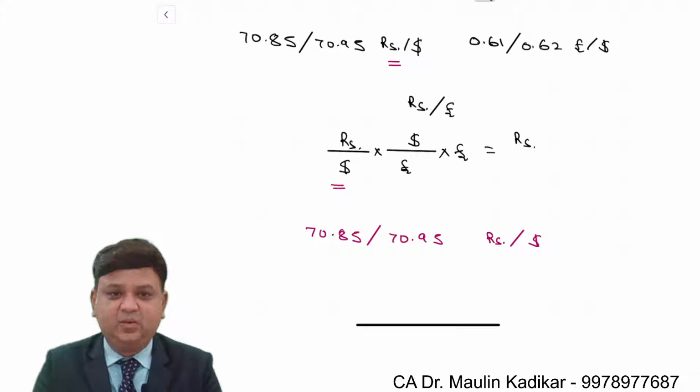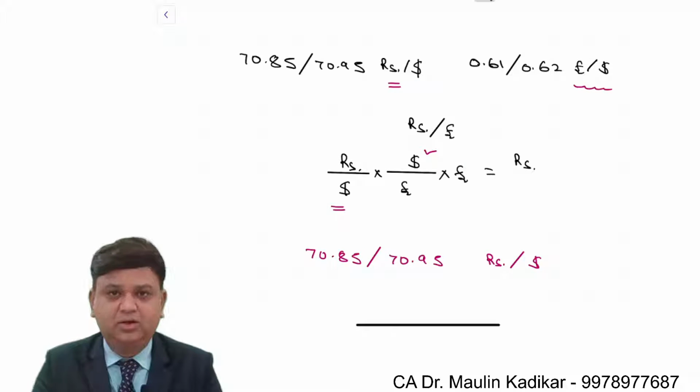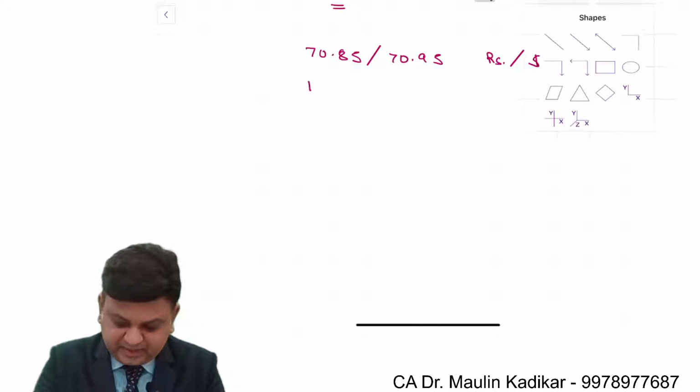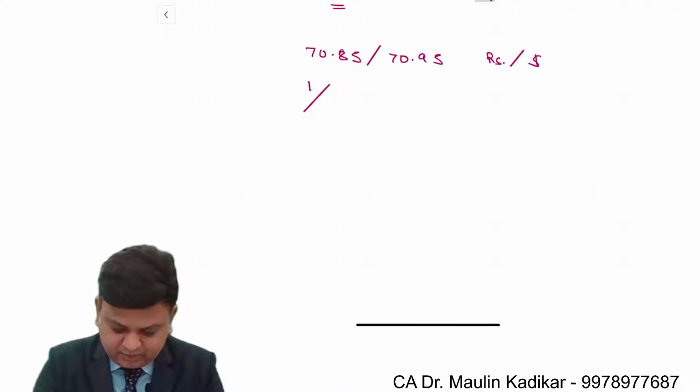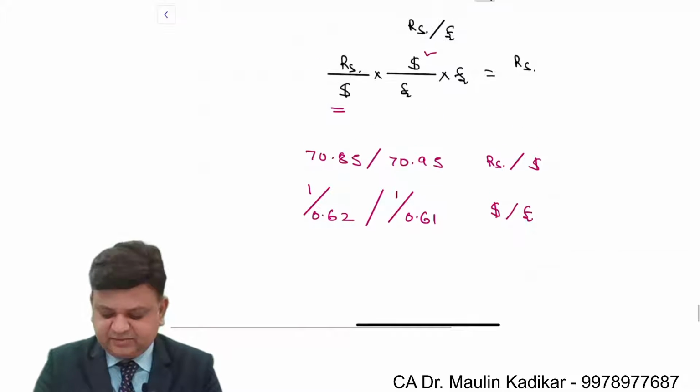Next, I want dollar per pound. However, I have been given pound per dollar, so I have to take the reciprocal. Dear students, the reciprocal will be made like this: 1 divided by 0.62 slash 1 divided by 0.61, dollar per pound.